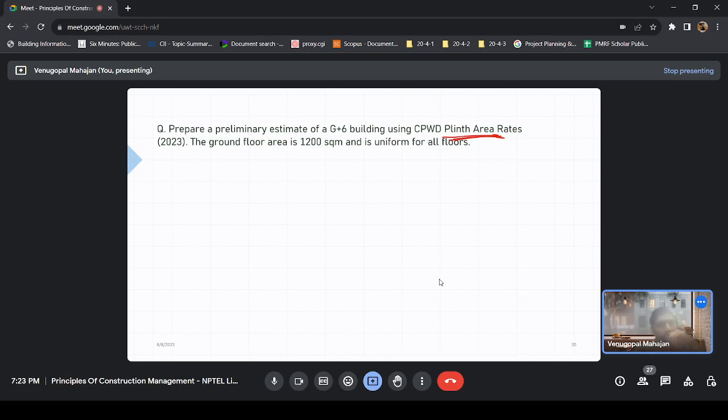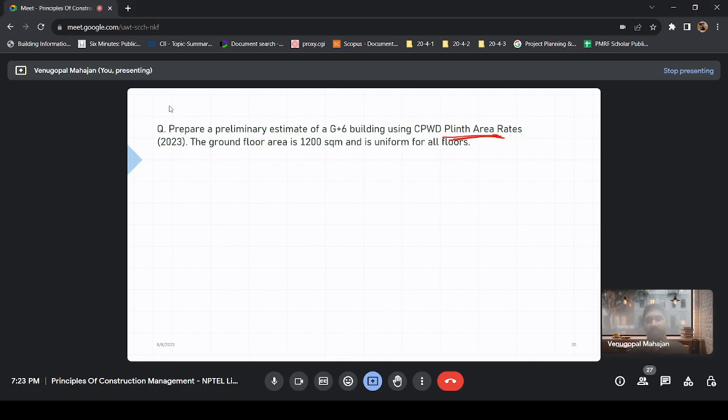The previous year data. Okay, you are already provided with PAR. So what data related to the building do you need? Or can we just go and multiply? The dimensioning of the height, rooms, height of the building. Okay, a detailed plan we need.